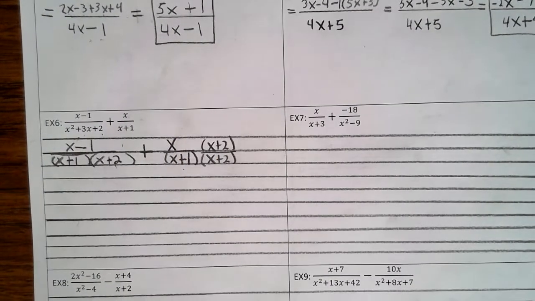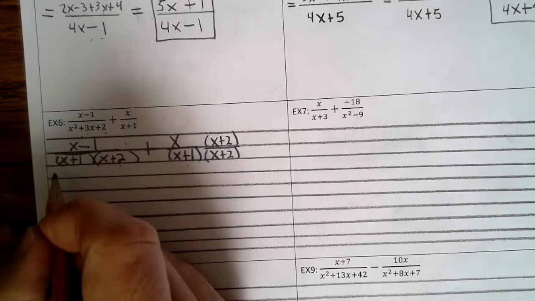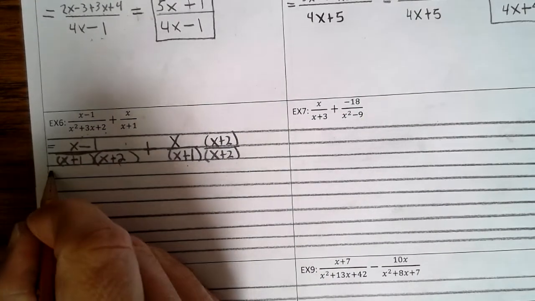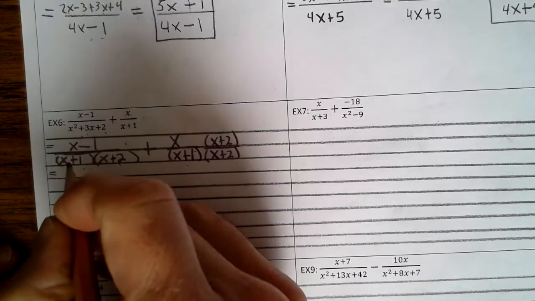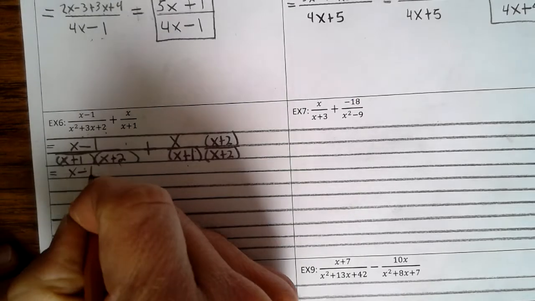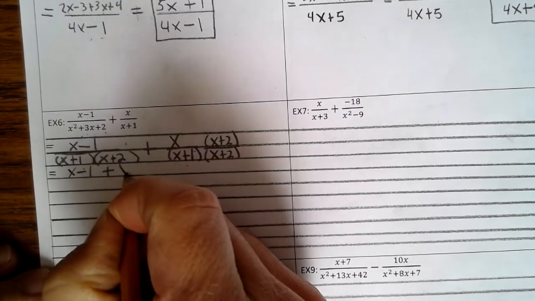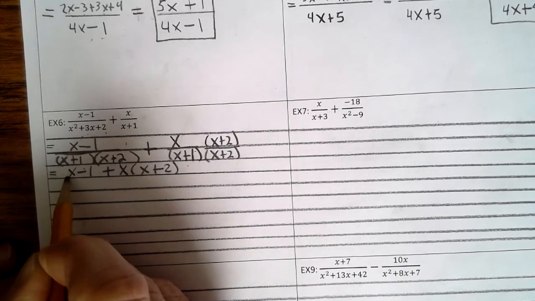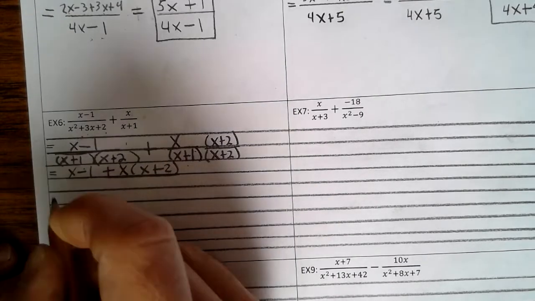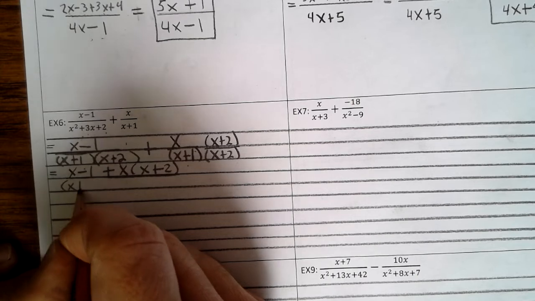So now, they have the same denominator, we combine the numerators. So we have x minus 1 plus x times x plus 2, all divided by x plus 1 times x plus 2.